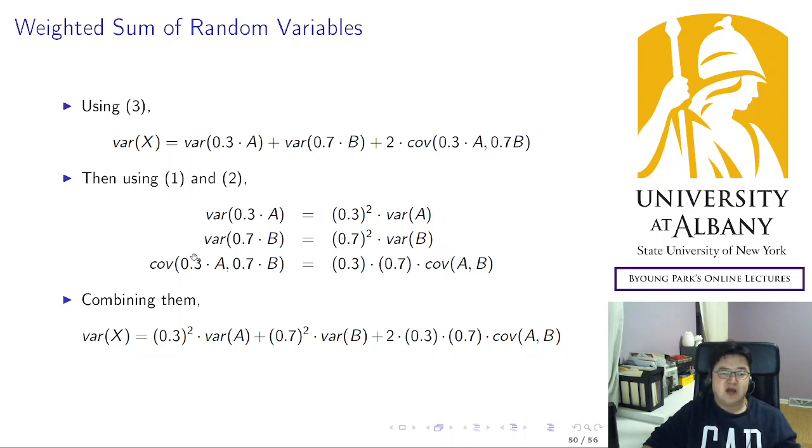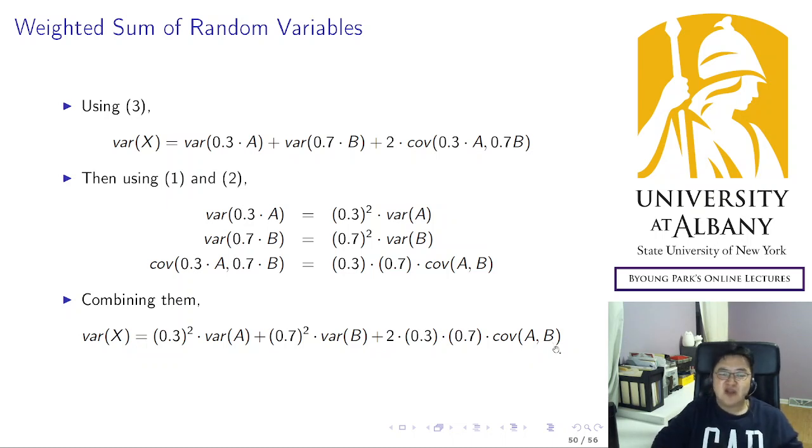And when you multiply each variable by 0.3 and 0.7, the covariance is multiplied by 0.3 and 0.7 at the same time. In the end, you have the variance of X equals 0.3 squared variance of A, plus 0.7 squared variance of B, plus 2 times 0.3 times 0.7 times the covariance of A and B.